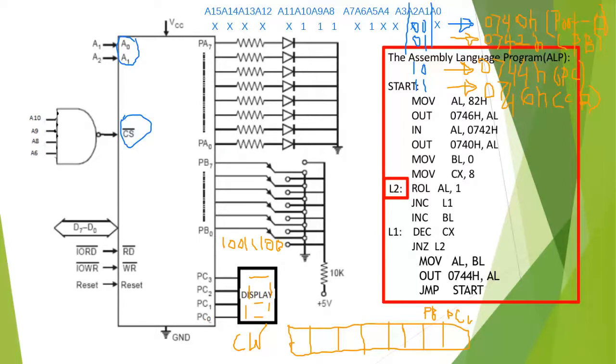Next one is mode. Next one is for PC upper. And next one is for port A. And next two bits are for mode.